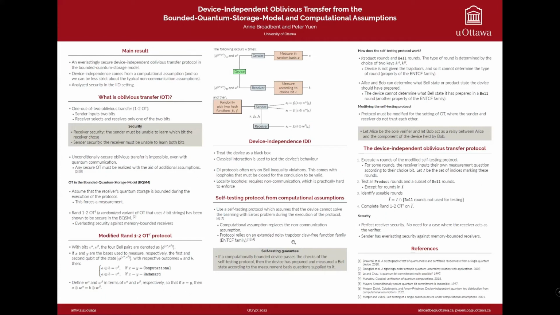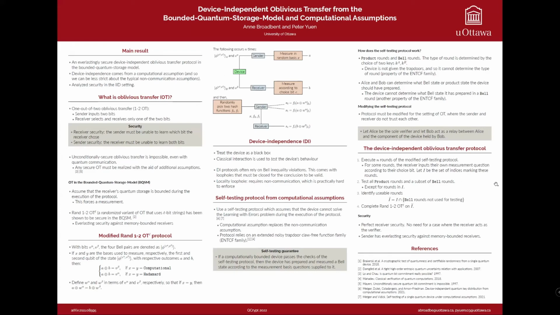So now that we have this self-testing and device independence, and we have an Oblivious Transfer protocol in the bounded quantum storage model, we can combine them both to get what we want. In summary, we're going to execute n rounds of this modified self-testing protocol where Alice, the sender, is the sole verifier.